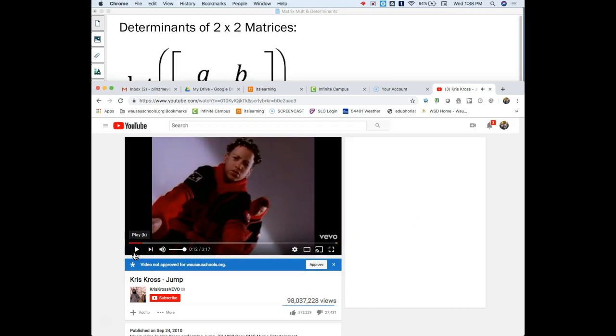Side note, this is the band Crisscross. Their song Jump. They were famous back in the, I want to say, 90s because they wore all their clothes backwards. That was their thing.